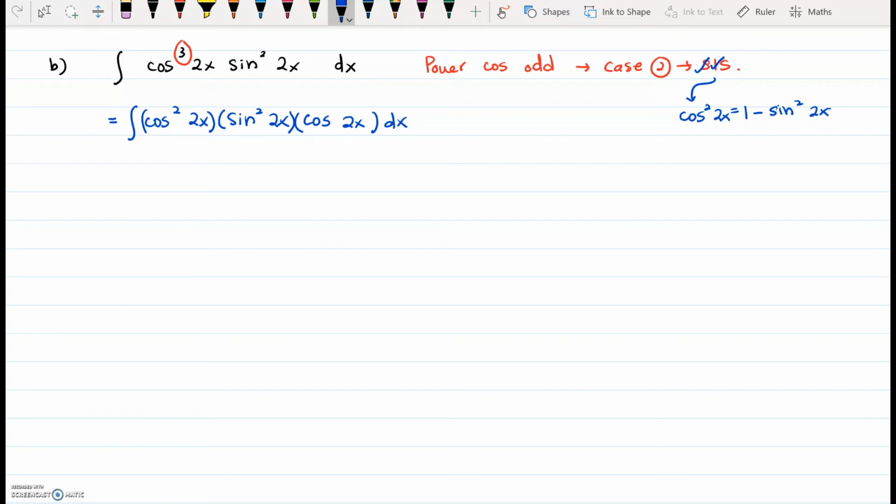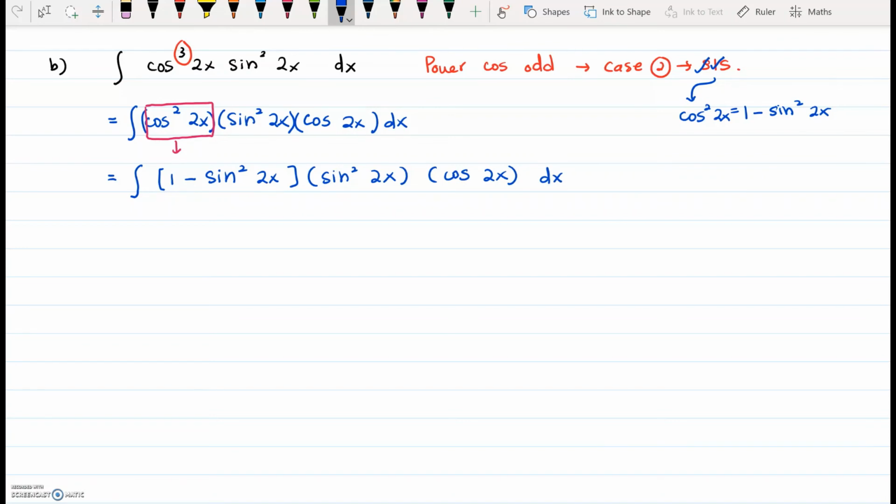So we just modify the identity for cos square 2x. Next, we will have the integration of 1 minus sine square 2x, and then sine square 2x, and cos 2x dx. So we have done the second step.